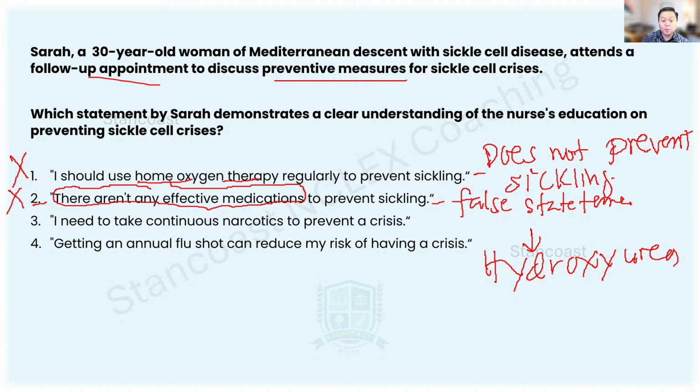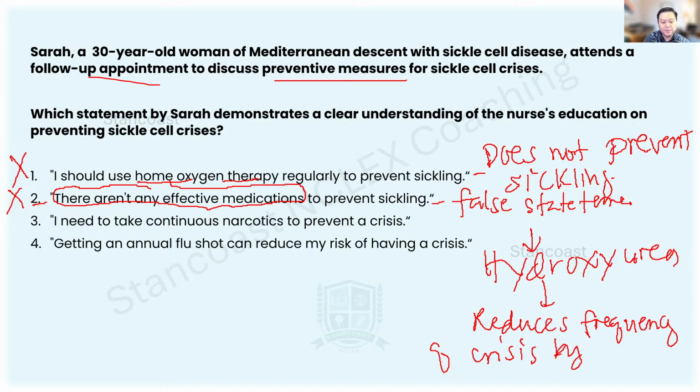It will reduce the frequency of the sickle cell crisis by increasing the fetal hemoglobin. And that is the exact drug mechanism of this medication in adults even. It will increase the fetal hemoglobin, and this will be a preventive measure.